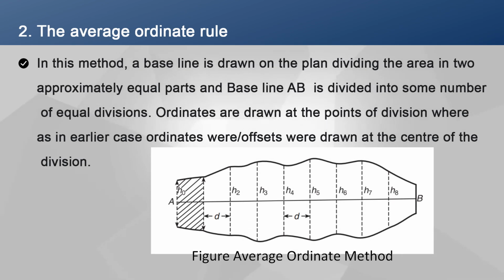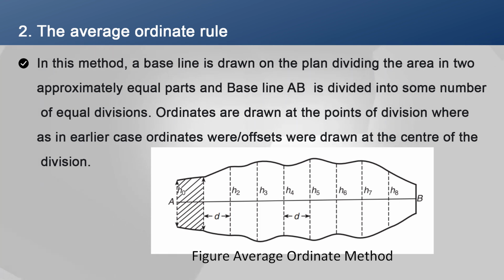Now, the next method, which is the average ordinate rule. In this particular method, a baseline is drawn on the plan dividing the area into approximately two equal parts. Here the baseline is shown as AB. Now, this baseline is divided into some number of equal divisions.